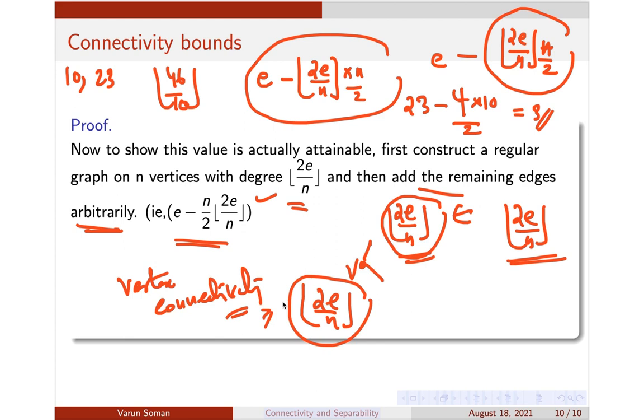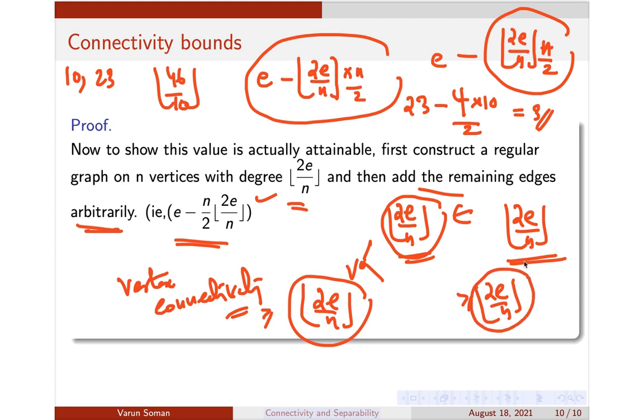I don't know whether with 2e by n itself the vertex will be disconnected, because there can be extra edges also, but I'm just talking of the minimal number of edges here. Anyway, the degree of this vertex will always be greater than or equal to the integer function of 2e by n.